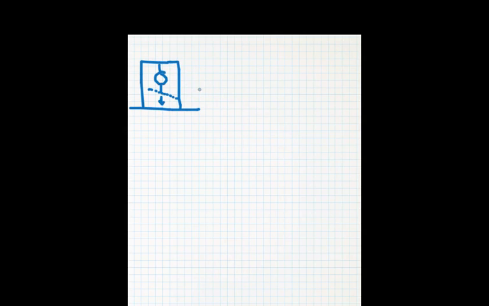Looking at this, an engineer might say that we can simplify this diagram and look at two things. We want to look at the forces, and we want to look at the motion. Those are very different ideas for us.